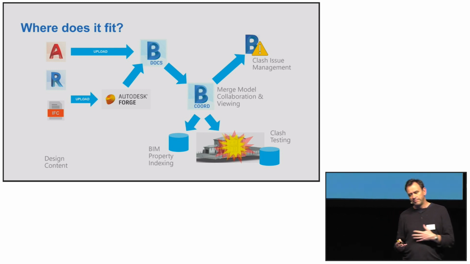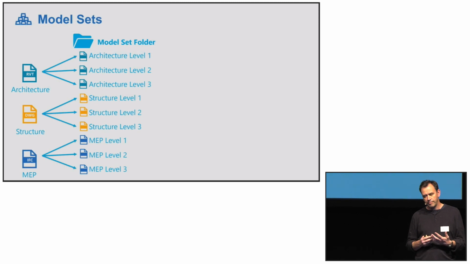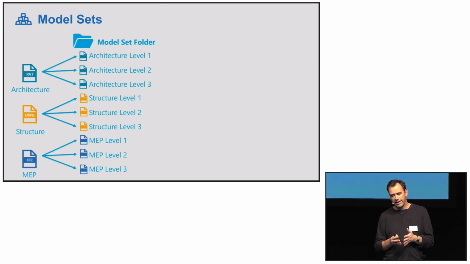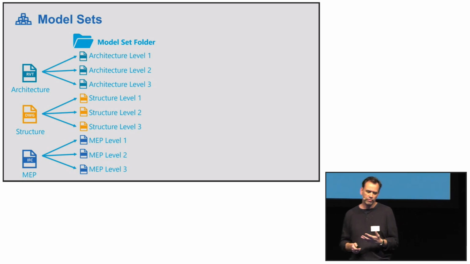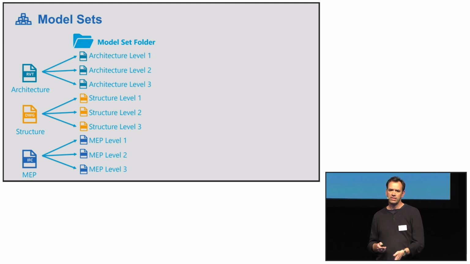How does it work? One of the things we thought about at the very outset, and it's something that happens in Navisworks and in Glue, and we do it slightly differently in model coordination, is that you want to aggregate at various points in time. People are uploading data all the time to their project, and what you really want to do is take a slice through and then do any analysis on that slice.